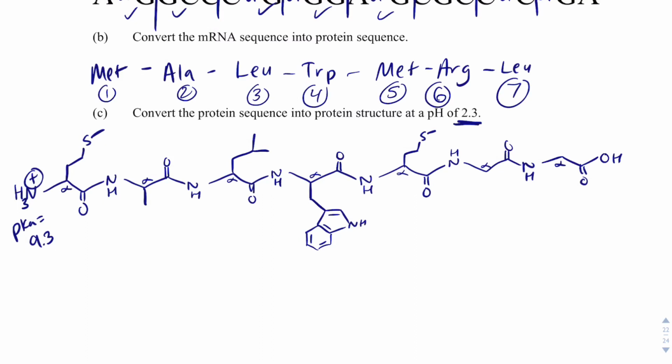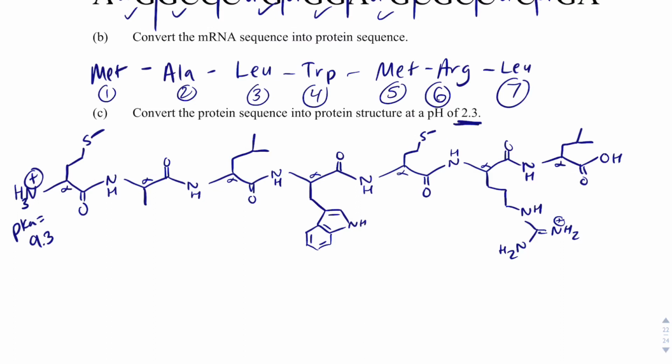Arginine is going to be 1, 2, 3 carbons, and then an NH, then another carbon, double bonded to an NH2 that's positively charged, then NH2. And then leucine, we know that is going to be carbon-carbon, then they branch.